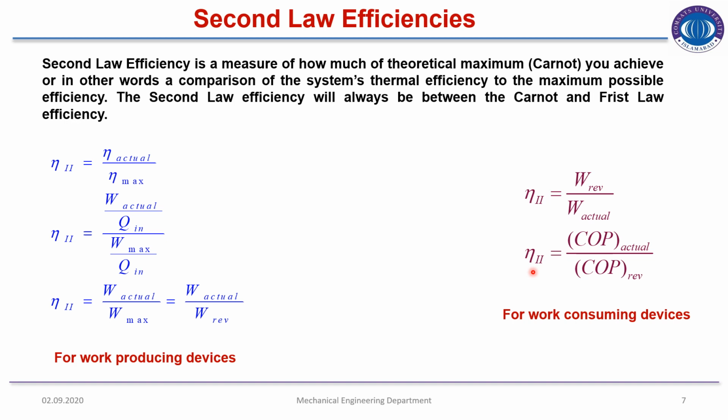Similarly, for coefficient of performance, we will have the coefficient of performance of the actual device in the numerator and the coefficient of performance of the reversible device, or Carnot refrigerator, in the denominator.